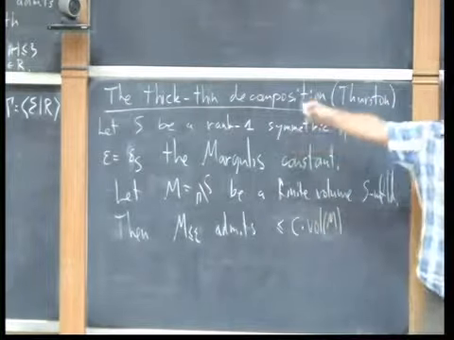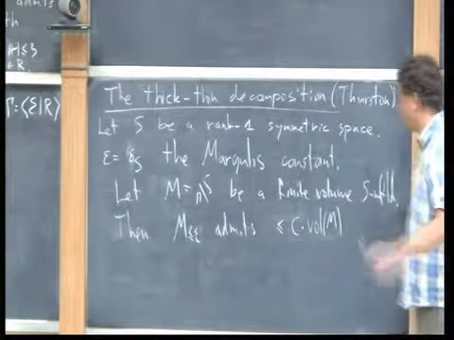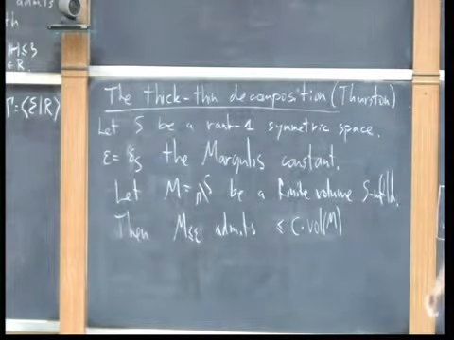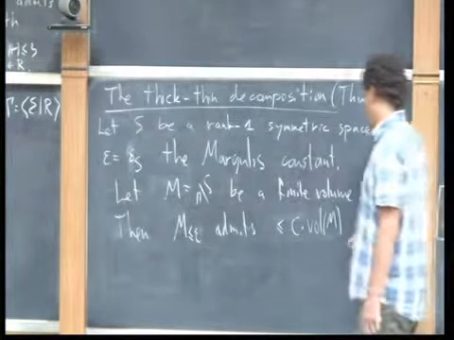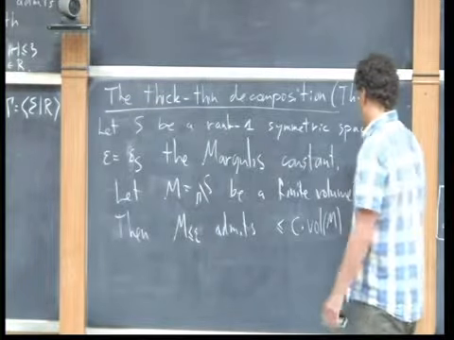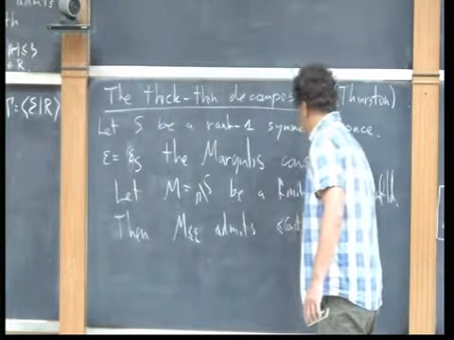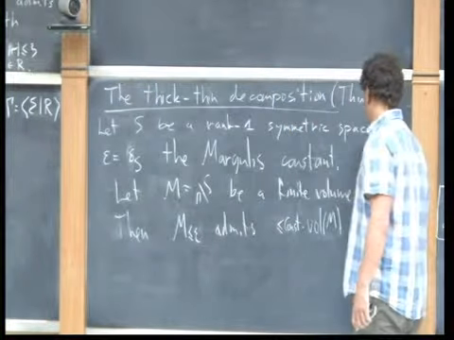It's not the same constant as before. When I write C, I mean a constant, but in every theorem, C is a different constant. Maybe I should write constant. So constant times volume M, a connected component.